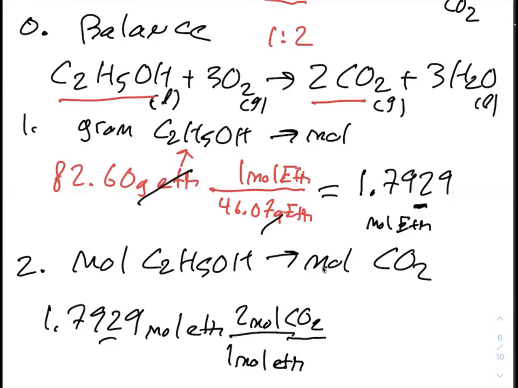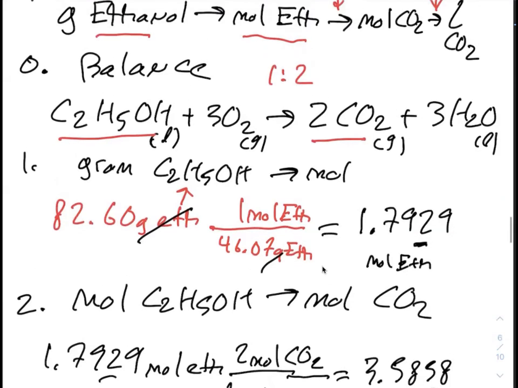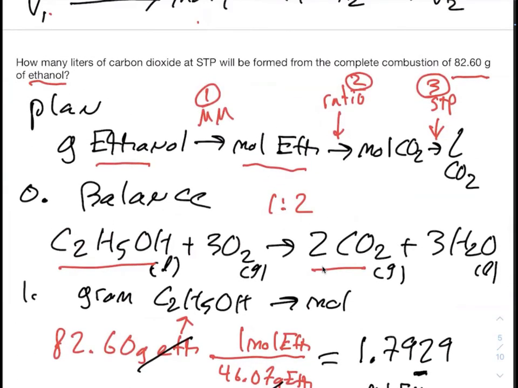So I'm just going to take the unrounded value in my calculator, multiply by 2, and I get 3.5858, also 4 sig figs, because the mole ratio is a counting operation. That would be moles of CO2. Let's look at what we've done. So we used the molar mass here to find the moles of ethanol. We use the mole ratio to find the moles of CO2.